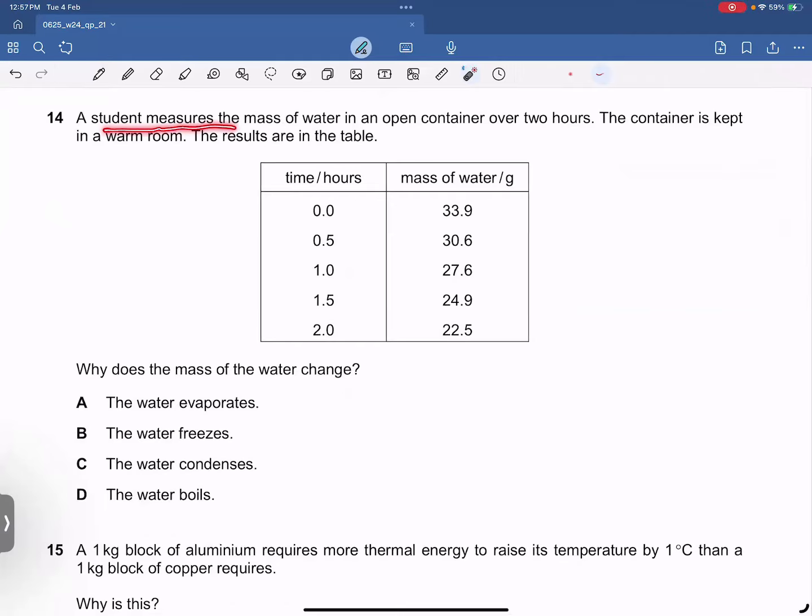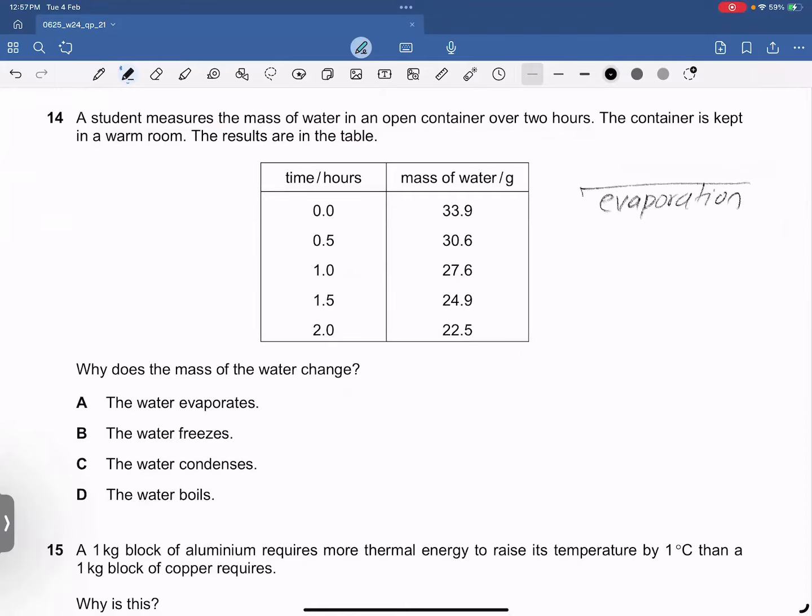A student measures the mass of water in an open container over 2 hours. If the container is open, certainly the water might be evaporating.